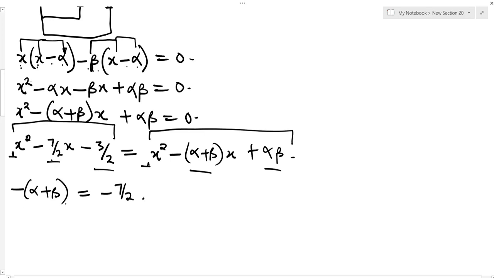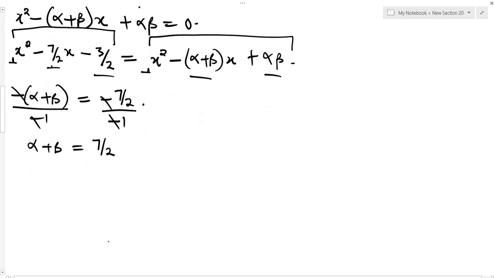Now, if you divide all through by minus 1, you have alpha plus beta equal to 7 over 2, because the negatives cancel each other out. So you're left with alpha plus beta equal to 7 over 2.